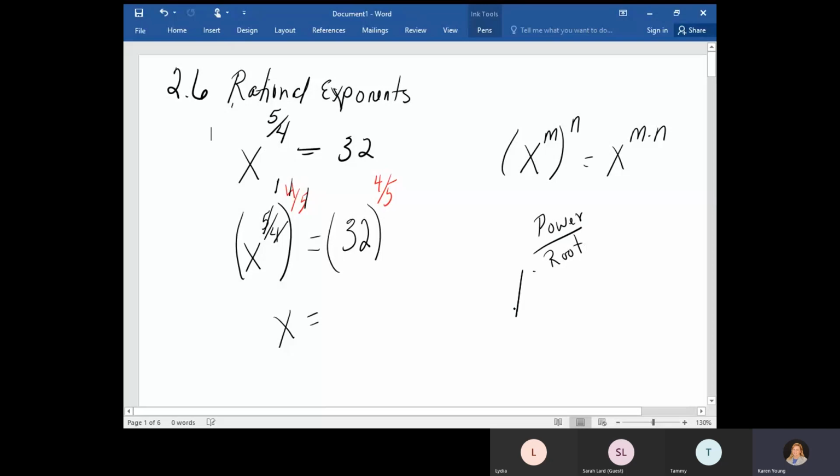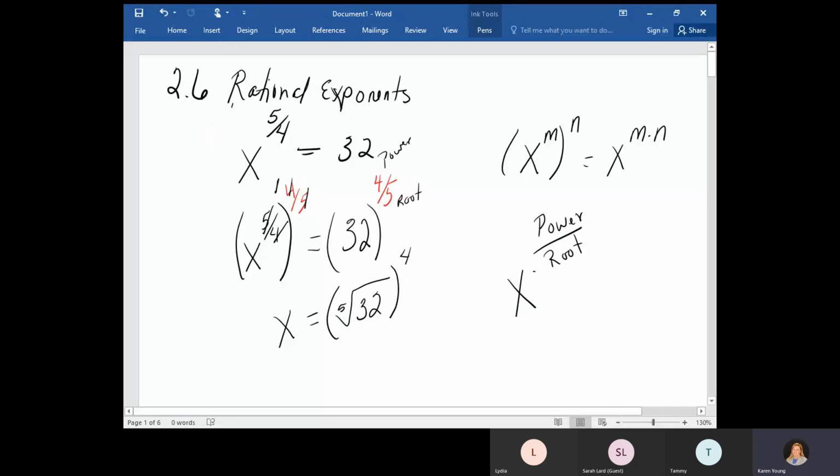So with my 32, I've got a root of 5, and I've got a power of 4. So I'm going to take the 5th root of 32, and then I'm going to raise it to the 4th power. I'm just breaking out my fraction and putting it back into a simpler form.